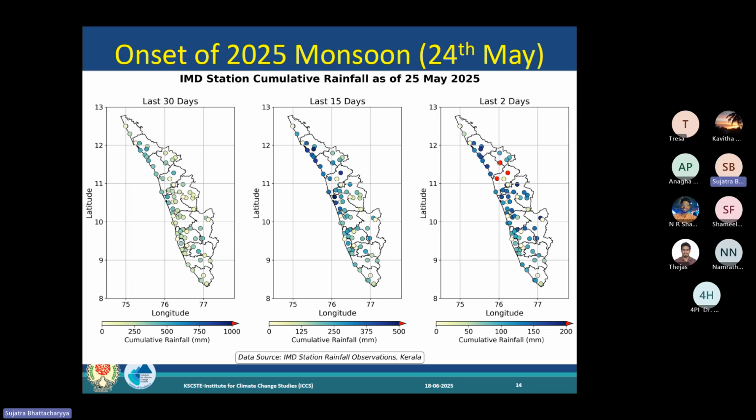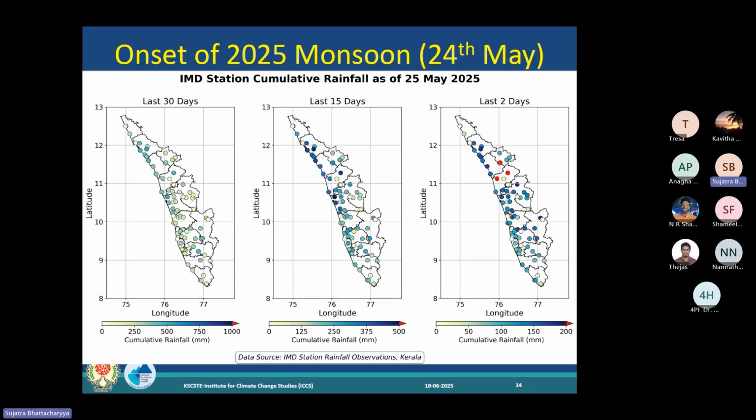This time there was no issue, because there was a fairly good amount of rain. Then if you come to 15 days from 24 May, we also got a lot of rainfall. And in the last 2 days, considering 24 as the onset, you see these are the pockets which always get bigger rain.